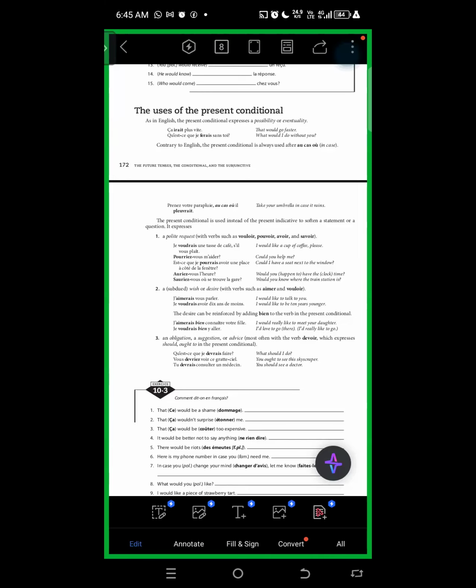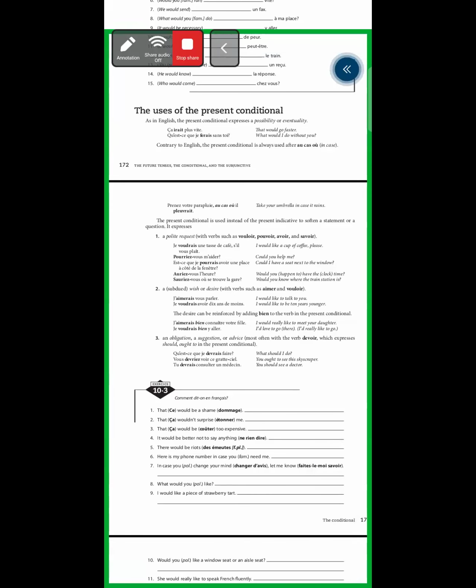The present conditional is used instead of the present indicative to soften a statement or a question. It expresses a polite request, with verbs such as vouloir, pouvoir, avoir, savoir. Je voudrais une tasse de café, s'il vous plaît. I would like a cup of coffee, please. Pourriez-vous m'aider?